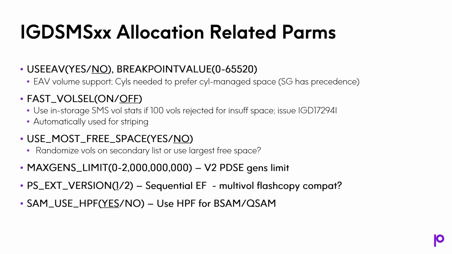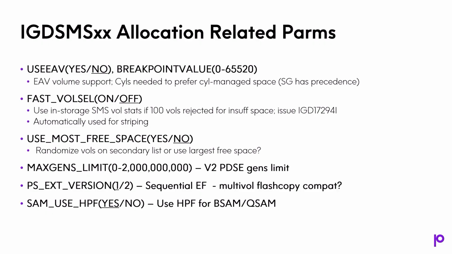One that's really useful, and maybe you should consider turning on, particularly if you've got a very large number of volumes or you run into out-of-space issues, is fast volume selection. The default is off, and when an allocation occurs or an extend to a new volume occurs, the direct access device space manager, DADSM routine, has to go out and decide which volume to allocate to. It has a rather complex algorithm about deciding whether this volume is over its limit or under its limit.